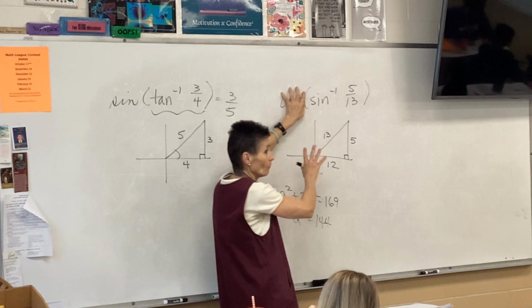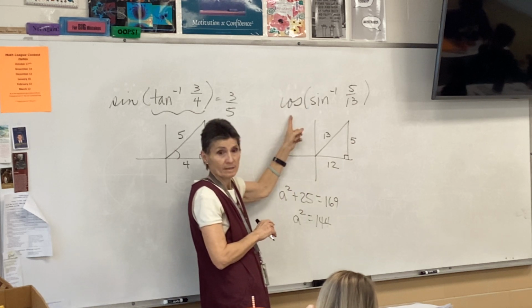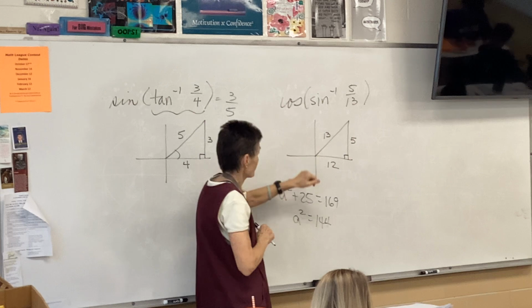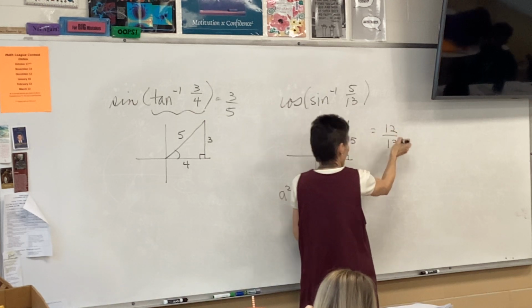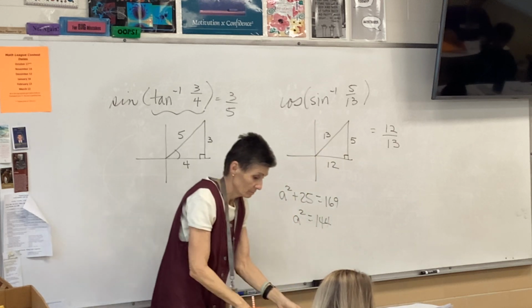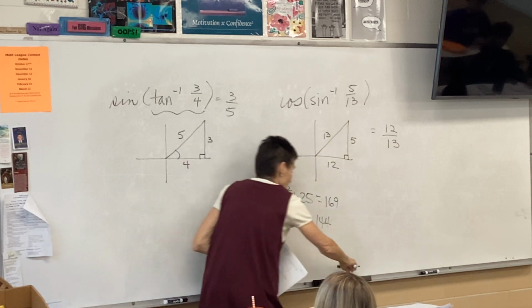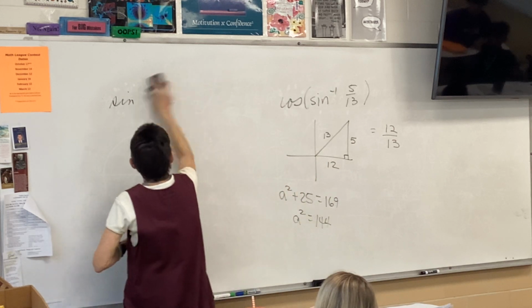Now, beautiful picture. What do I want to know about it? What is its cosine? So the cosine will be adjacent over hypotenuse, 12 over 13. Isn't that easy? So easy.